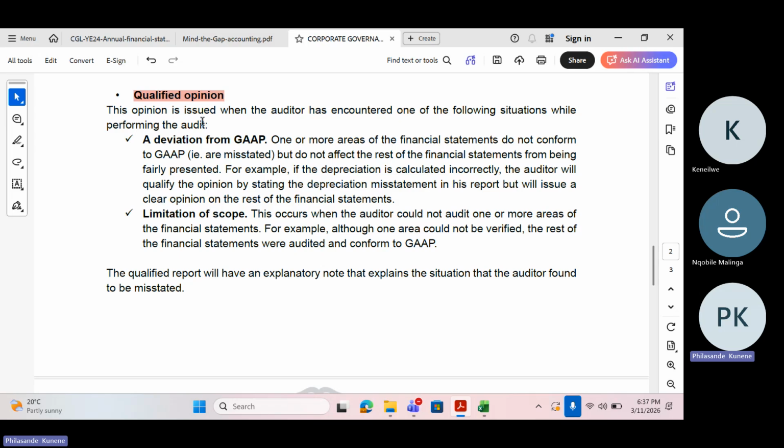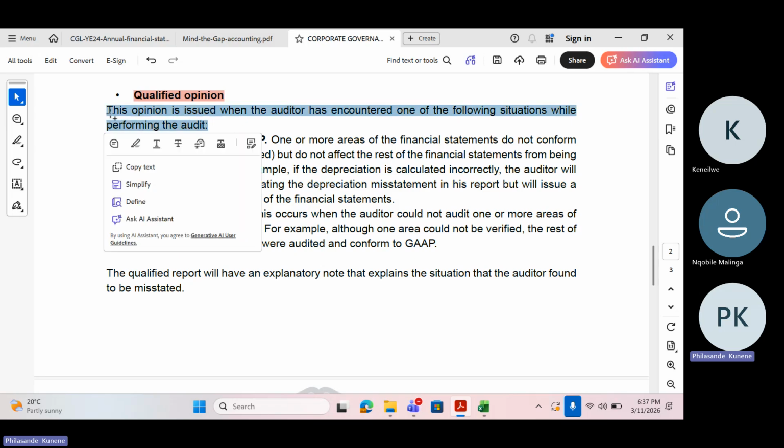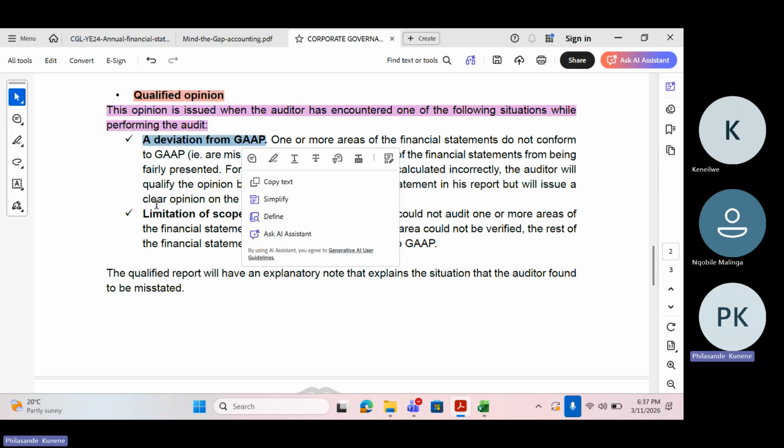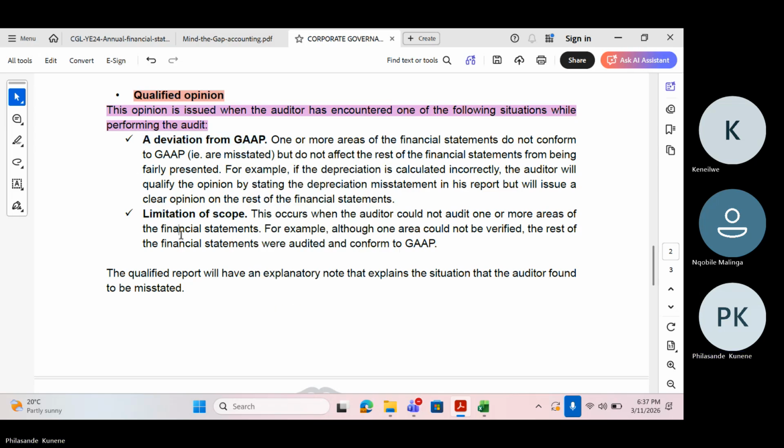This opinion is issued when the auditor has encountered one of the following situations while performing the audit. If we find one of the following 2 problems, one of them will make me issue a qualified audit opinion. This is not the right opinion at all.